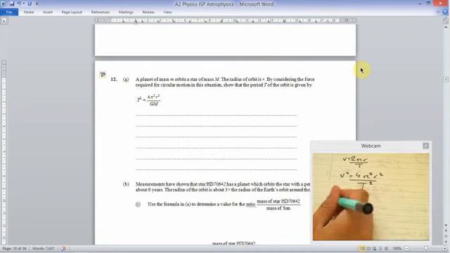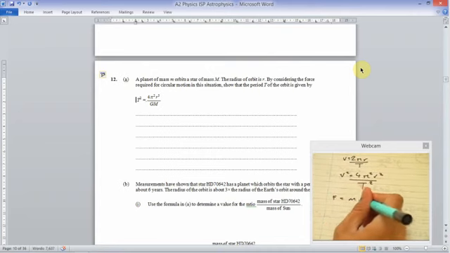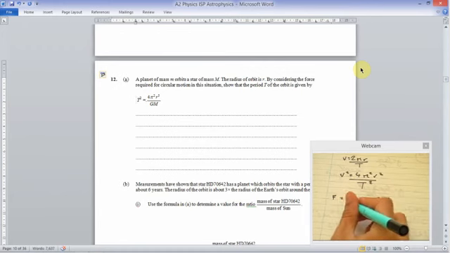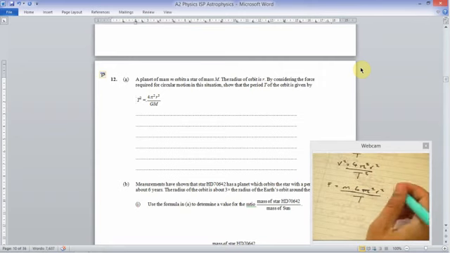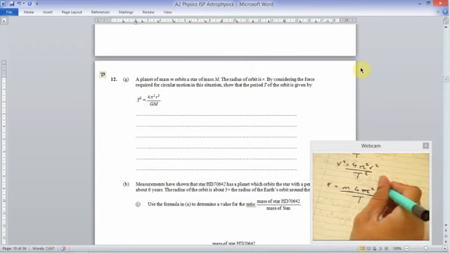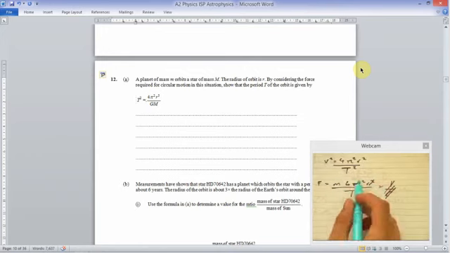So F is equal to m 4 pi squared r squared over t. And we've still got to do this divide by r, so it's multiplied by 1 over r. So that 1 over r is going to cancel with one of the r's there. That's straightforward. I've got nothing else to cancel out there.